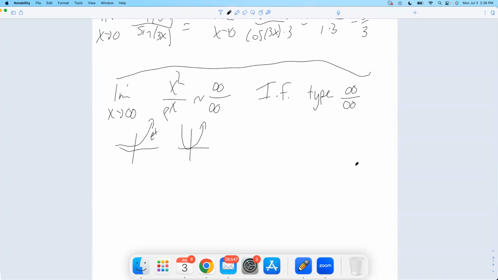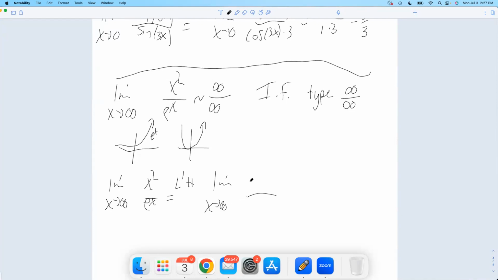I'm allowed to try L'Hopital's. So the limit as x approaches infinity of x squared over e to the x will be, if this limit exists, the same limit when I apply L'Hopital, meaning take the derivative of the top and bottom.